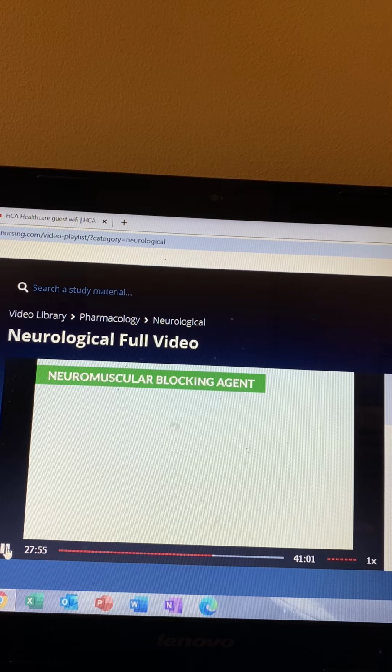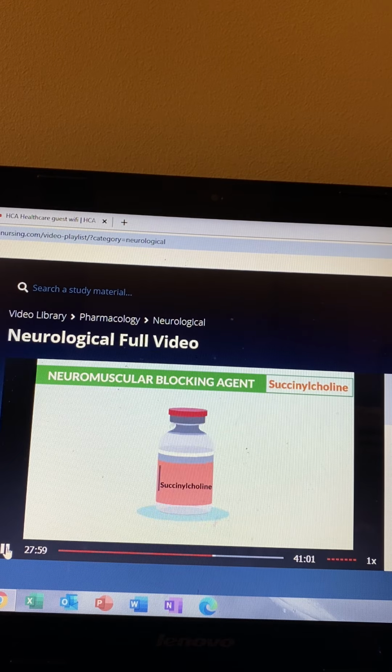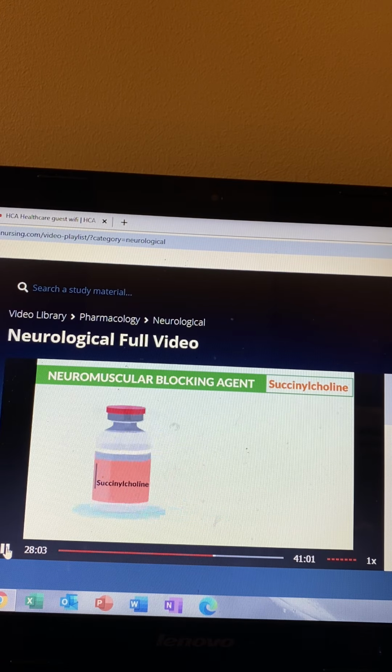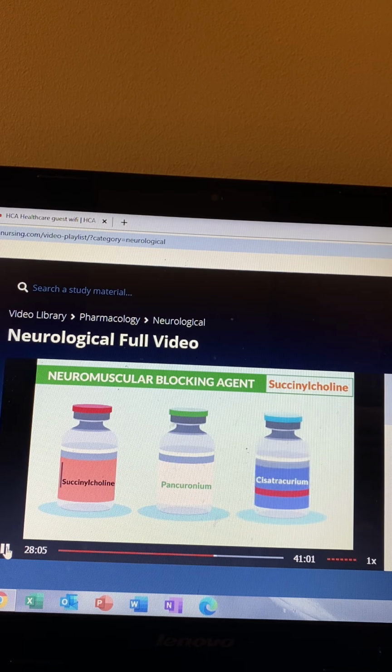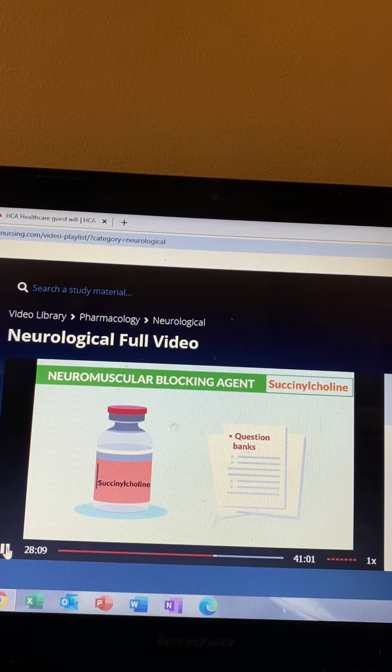Now, the next drug class is neuromuscular blocking agents. We have succinylcholine, and in this drug class, we also have 2 other drugs, pancuronium and cisatracurium. But out of all of these, the big focus is on succinylcholine. It was the only drug mentioned 4 times in different quiz banks.